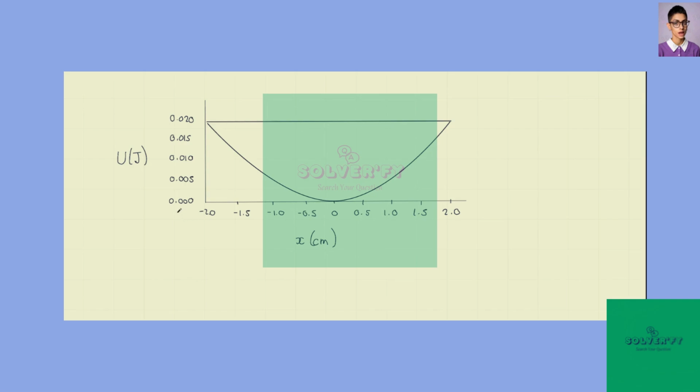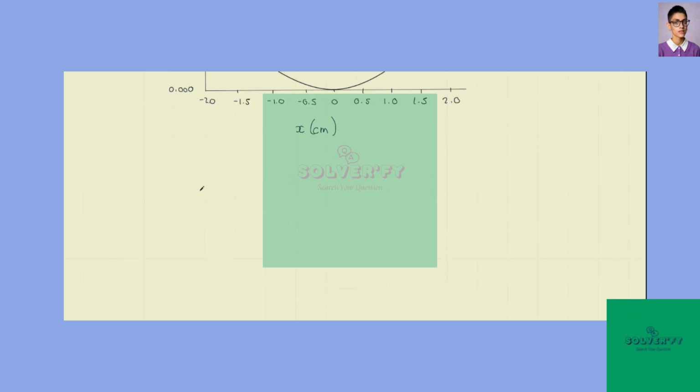from the graph. Now, we have drawn the graph already for the energy versus displacement, and we can see that the total energy, which is shown as 0.019 joules, can be found as follows.